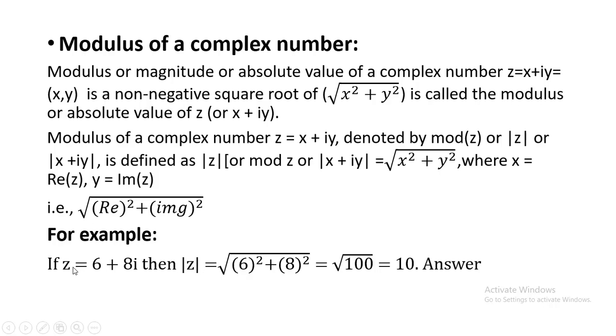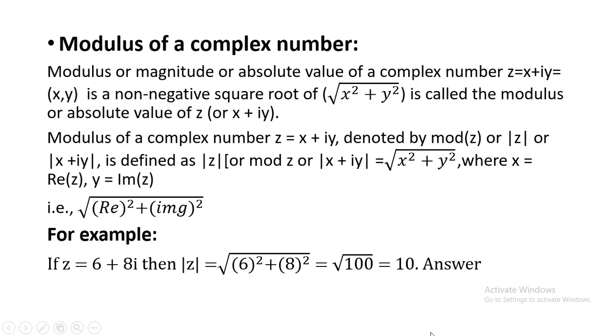First of all, the modulus of z equals 6 square. It says the real part is squared and only the imaginary part, but not the iota. We are not talking about iota, only the imaginary part without iota. So 6 square plus 8 square gives you the square root of 100, which equals 10.